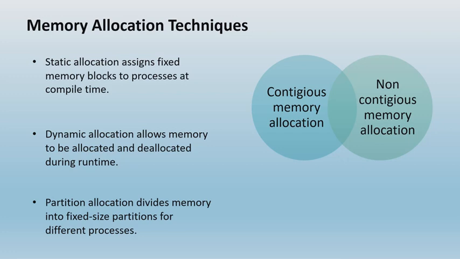Dynamic allocation allows memory to be allocated and deallocated during runtime. Partition allocation divides memory into fixed partitions for different processes, and it also divides into variable size partitions for different processes in non-contiguous memory allocation.